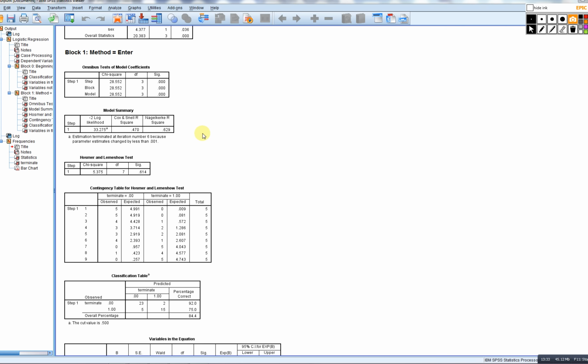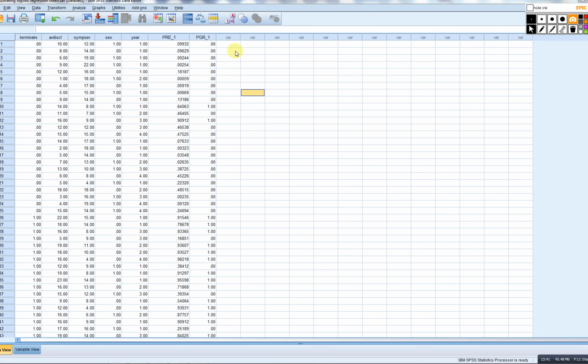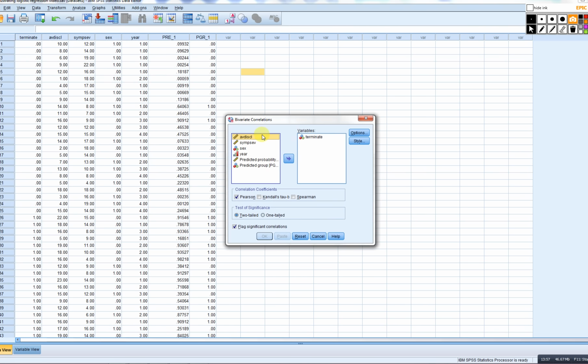variables. The two dichotomous variables I'm referring to, if we go back, are the predicted group membership and the actual group membership. Both of these variables are dichotomous, so we can compute the phi coefficient just by going to Correlate, Bivariate, and we can compute it using the Pearson option in SPSS.